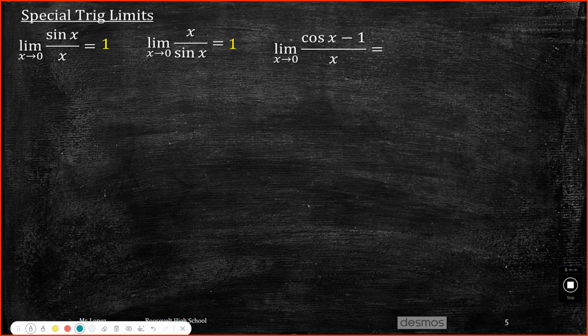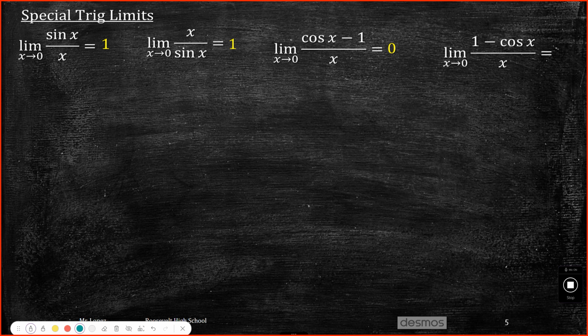The limit as x approaches 0 of cosine x minus 1 over x, that is going to be 0. So the limit is 0 for this one.